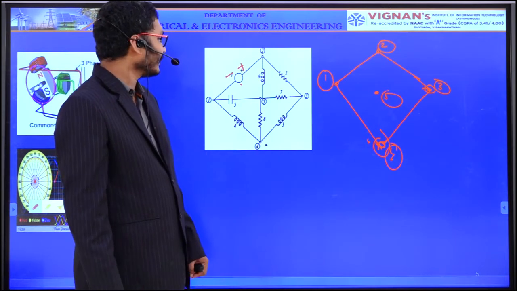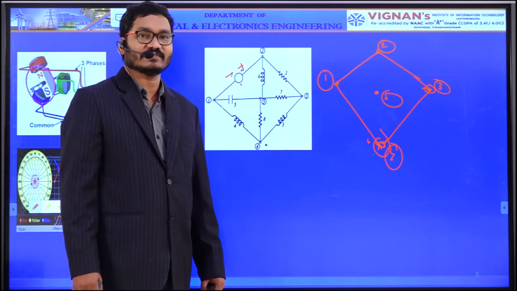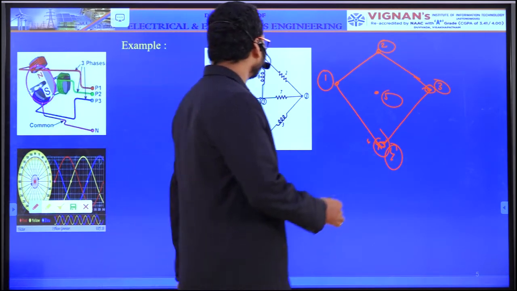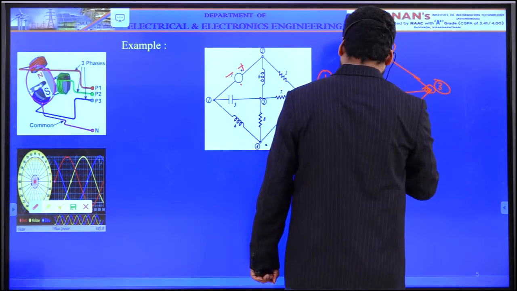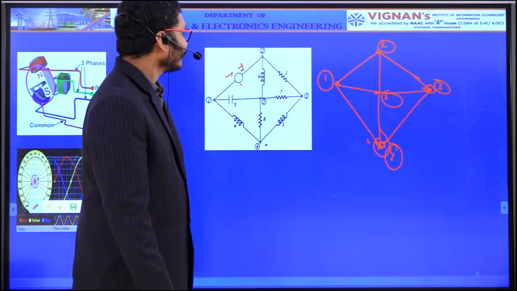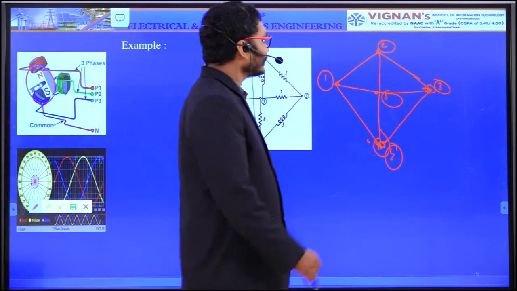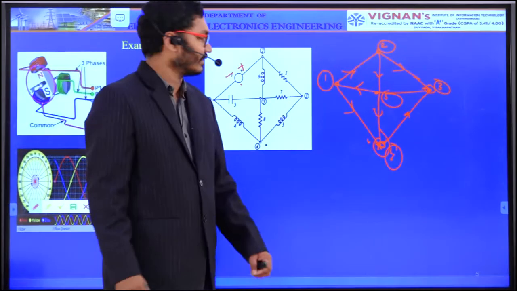Any voltage source is represented with a short circuit, and any current source with an open circuit. Here there is no current source. This is the graph for this circuit, the normal graph. If it is an oriented graph, you can represent it with any directions. You give directions, and this is the oriented graph.